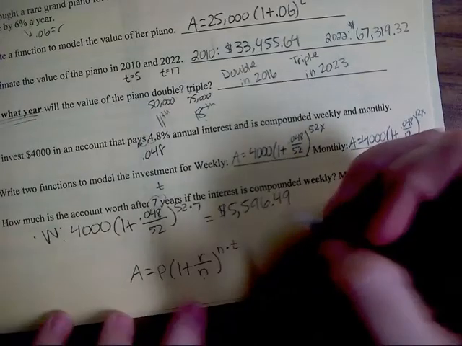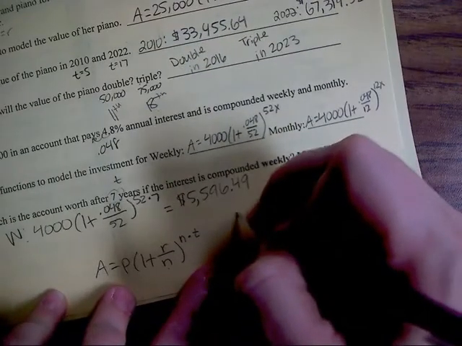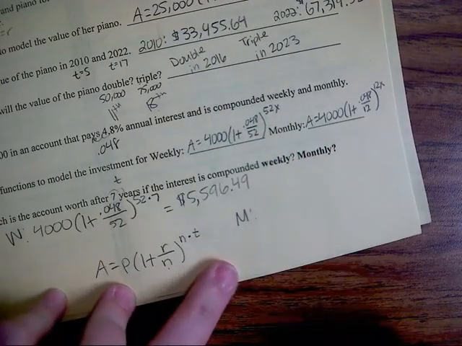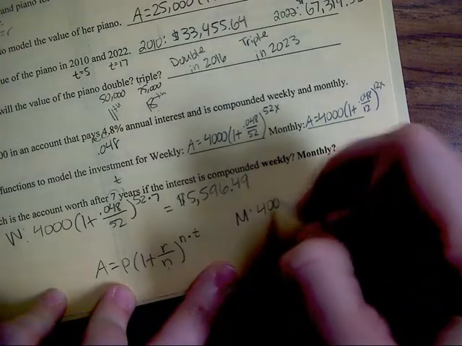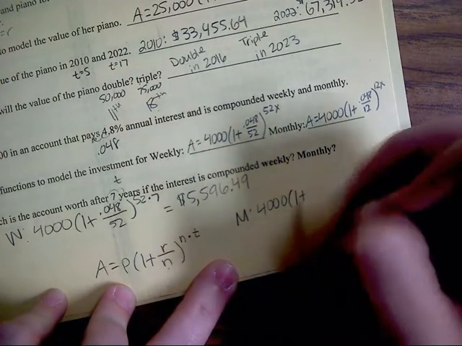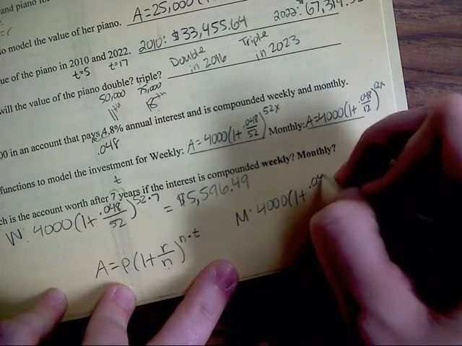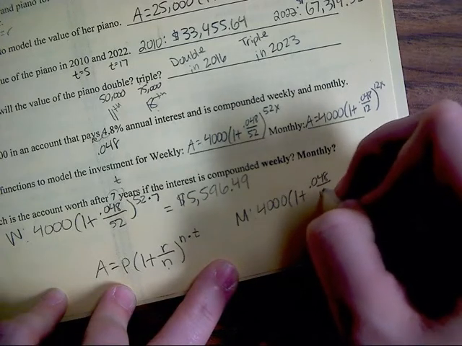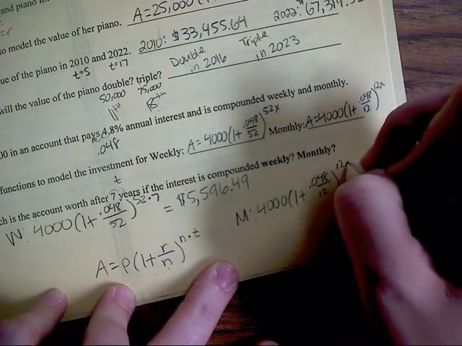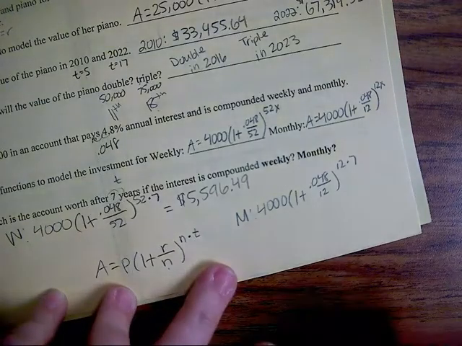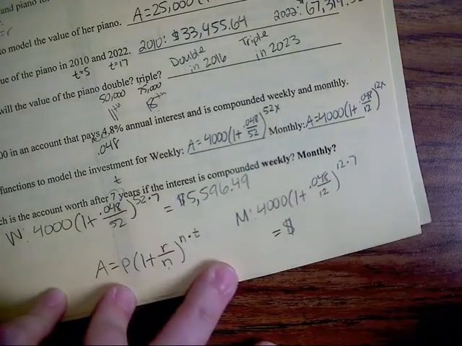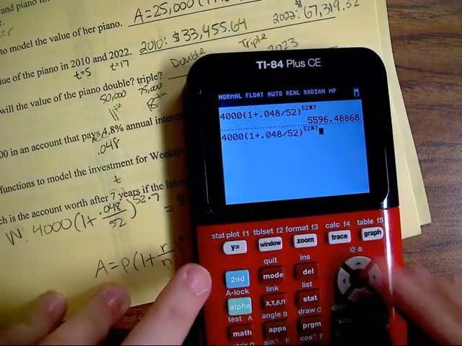Right? If it's being compounded monthly, do that one over here. Take my 4,000, multiply it by 1 plus 0.048, divide it by 12, and raise it to 12 times those 7 years. And this time, I'm going to bring my equation back up.